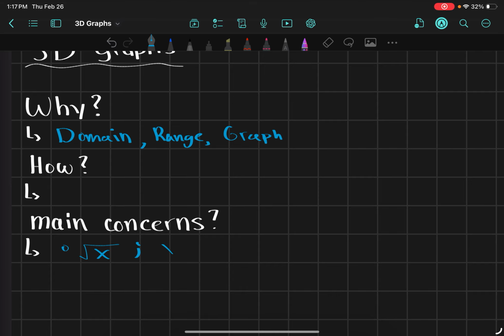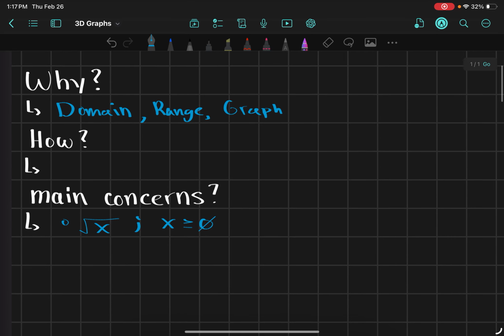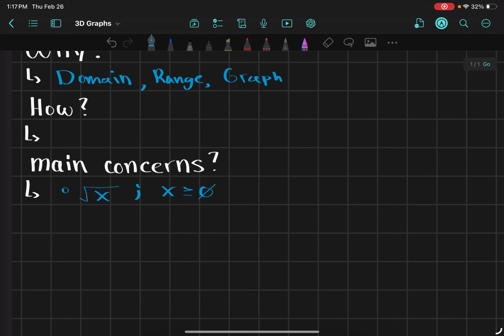Therefore, we have to have x greater than or equal to 0. So that's one of our main concerns. So the how, like I said prior, is that our f of x, y, perhaps z, is going to be greater than or equal to 0 when it is in a square root.